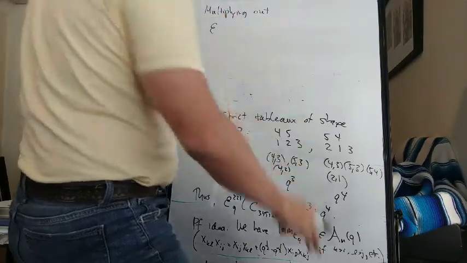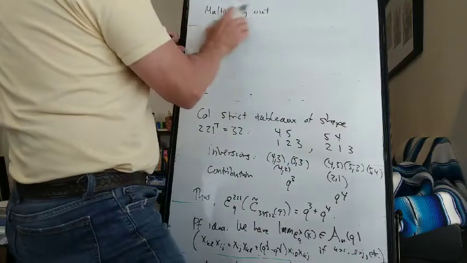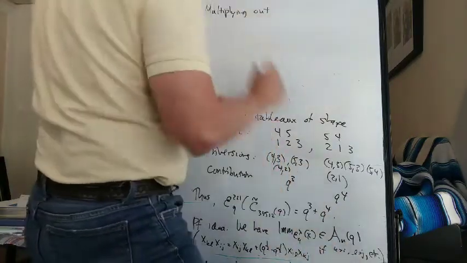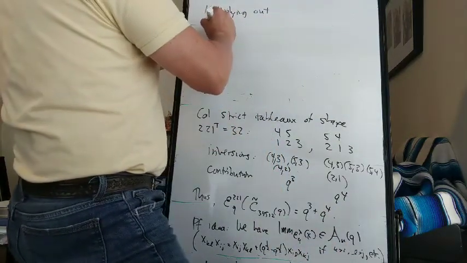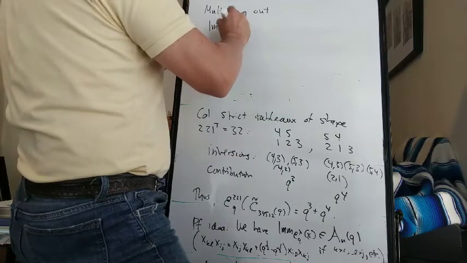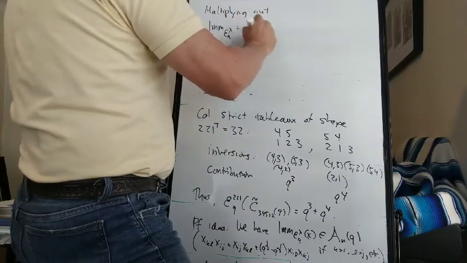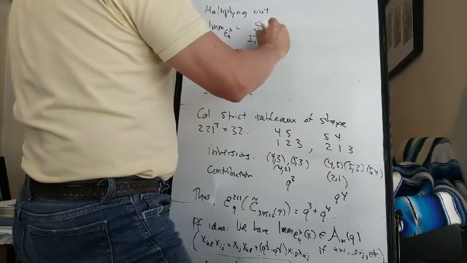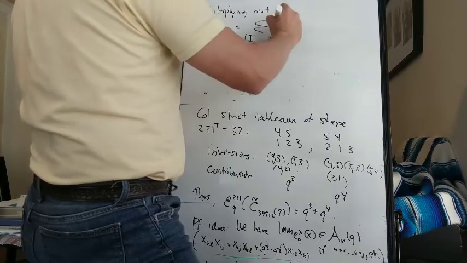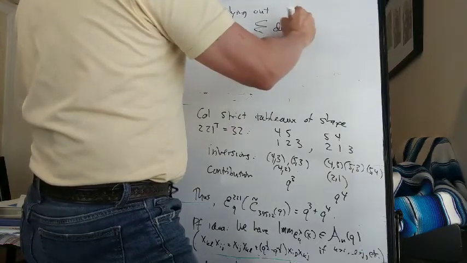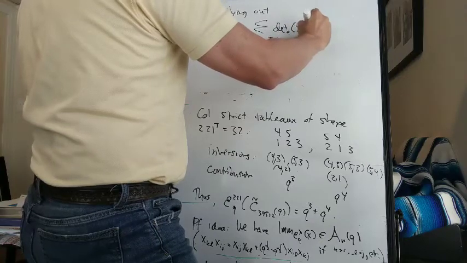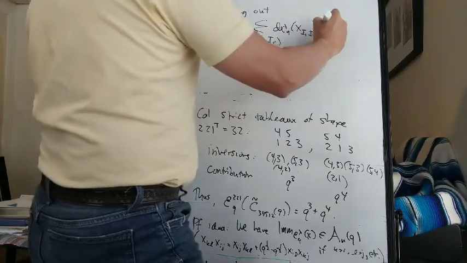Now if we multiply out the expression for the immanant, remember this is a sum. It looks exactly like the q equals 1 expression, except that our determinants of submatrices are quantum determinants.